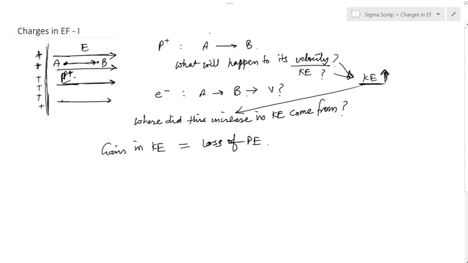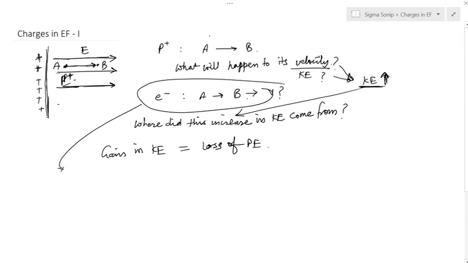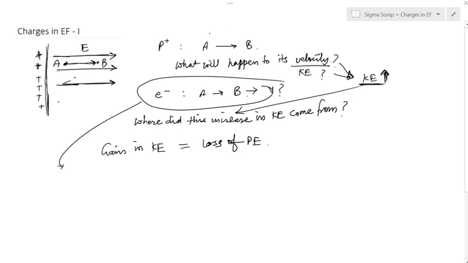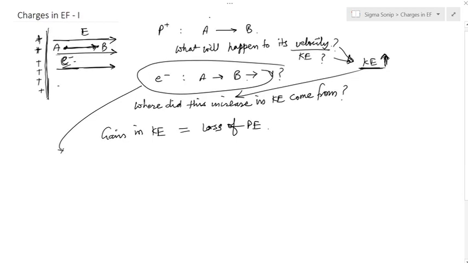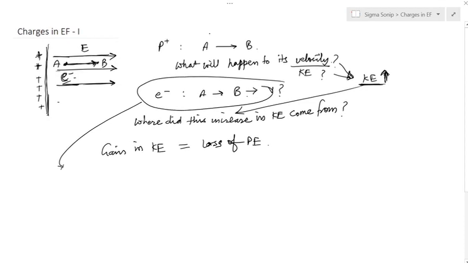Likewise, let's look at the electron here now. An electron goes from point A to B. So I got an electron instead of proton here, and this electron is moving from A to B. Now this electron is feeling a force of attraction towards this positive plate here.